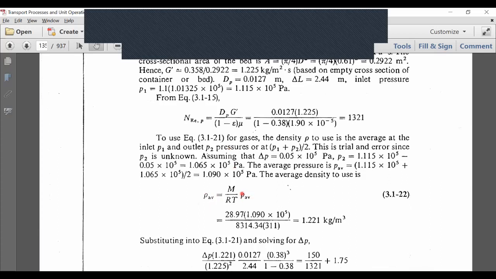The P average is actually equal to the arithmetic average of the inlet and outlet pressure of the gas. By using this average pressure, you can find the density average by using this equation. And then you can use 3.120 or 3.121 to find the pressure drop.